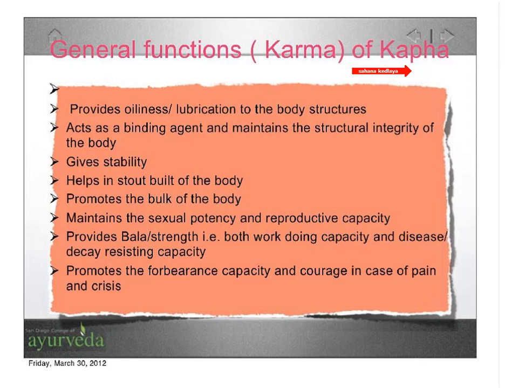And it maintains the sexual potency and reproductive capacity of a person, because the Shukra Dhatu, the seventh Dhatu of the body, which is concerned with reproduction, has almost all the same qualities of Kapha, like cold, sweet in taste, heavy, etc. All those qualities of Shukra Dhatu, which determines the sexual ability of the person, are almost similar to the qualities of the Kapha dosha.